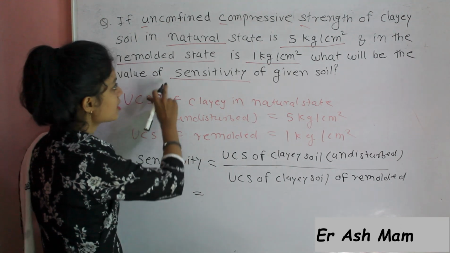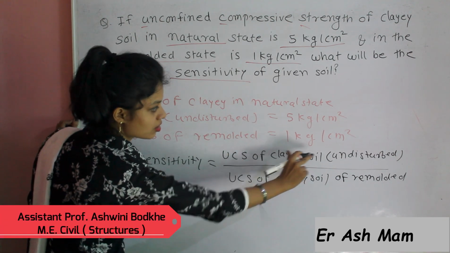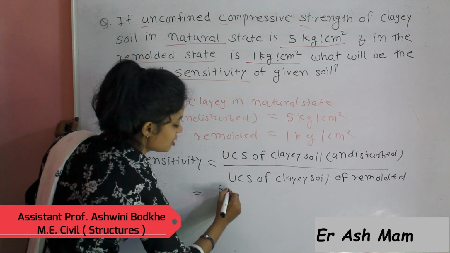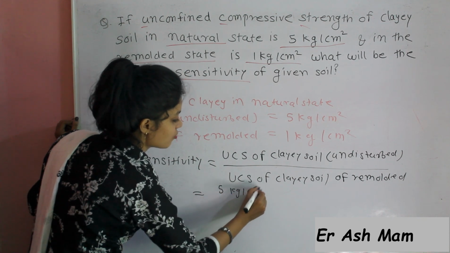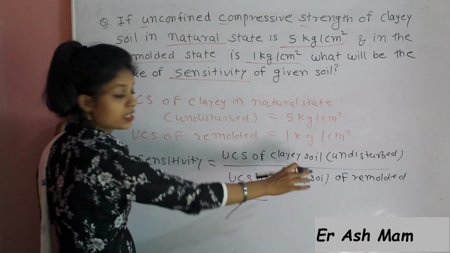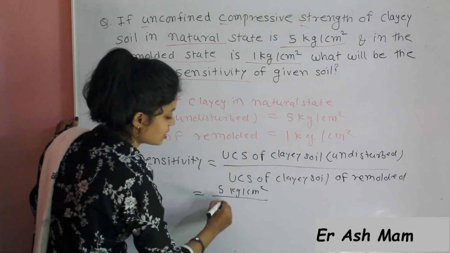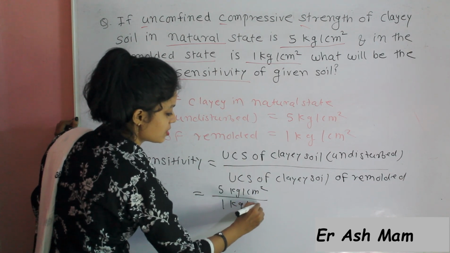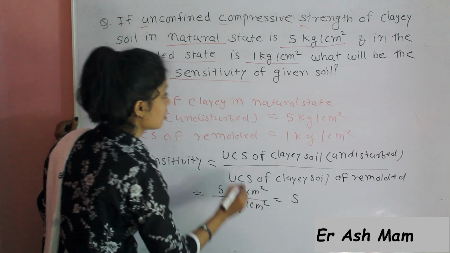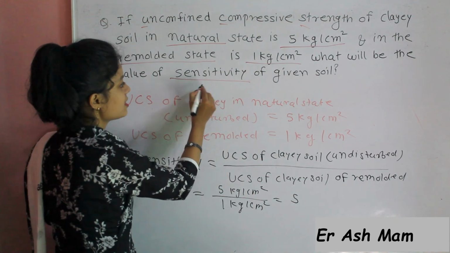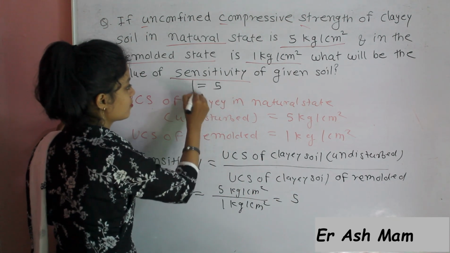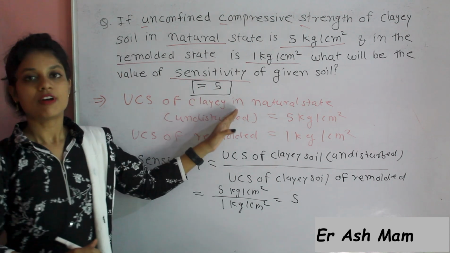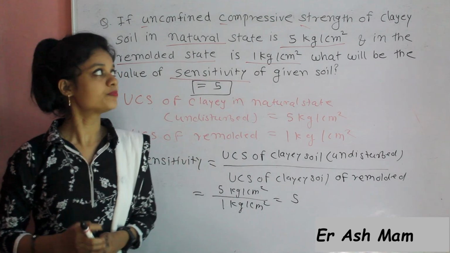Therefore, sensitivity equals 5 kg per centimeter square in undisturbed state upon 1 kg per centimeter square in remolded state, equal to 5. Therefore, value of sensitivity equal to 5. 5 upon 1, 5. Okay.